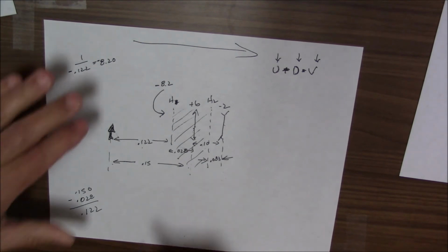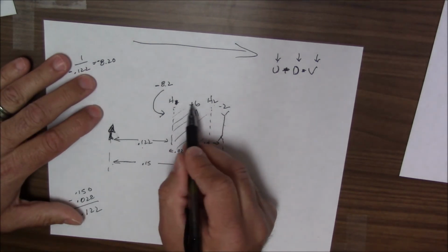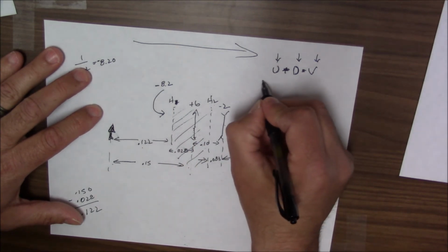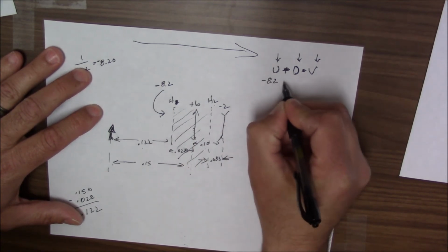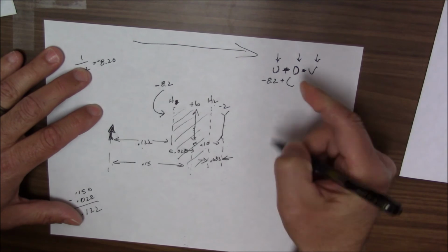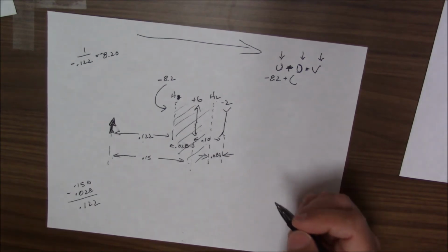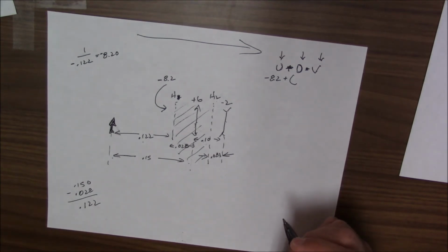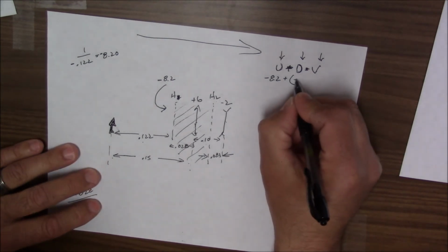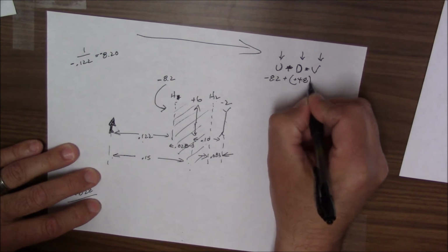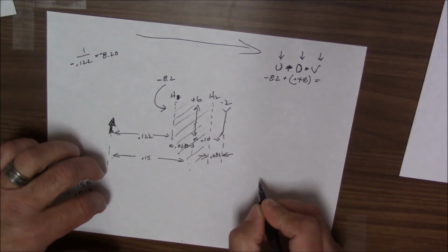Now in this case our H1, this is our equivalent power, so now I have a minus 8.20 plus the power over here. The equivalent power that you calculated from the past was our 4.8, so that was plus 4.8 diopters here, and that's going to give me my vergence coming out.